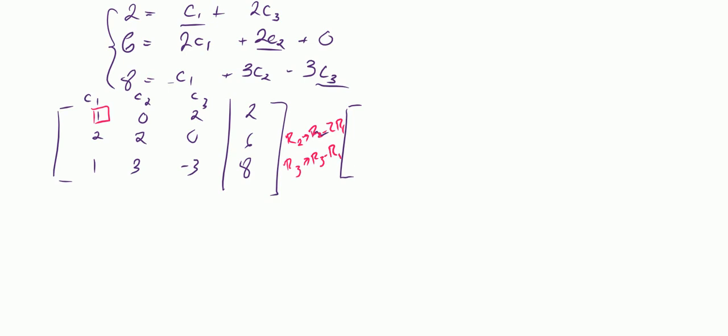So what we'll get is, let's keep this here, and we'll get 0, 2, minus 4, and then 2, and then we'll get 0, 3, minus 3, minus 2 is minus 5, and then 6.